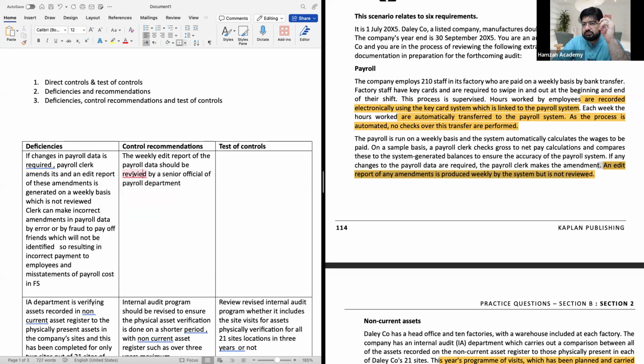That should be reviewed for accuracy check of amendments, and the officer must sign the report as evidence of his review. Be quick. Give me test of control over it.